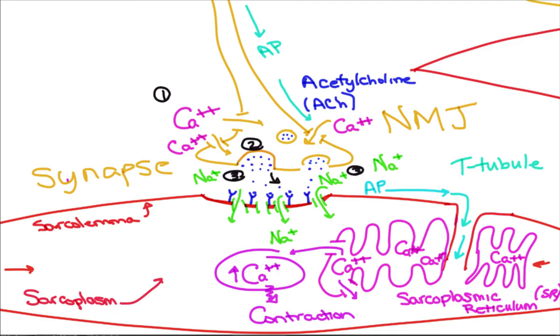But the last one we need to talk about is as the action potential hits up against the SR, the sarcoplasmic reticulum on both sides of the T-tubule, we're going to open those channels in the SR and allow the calcium to move out down its gradient. So that's another example, number 4 here, of movement or transport of materials across membranes. And this one is also facilitated diffusion.